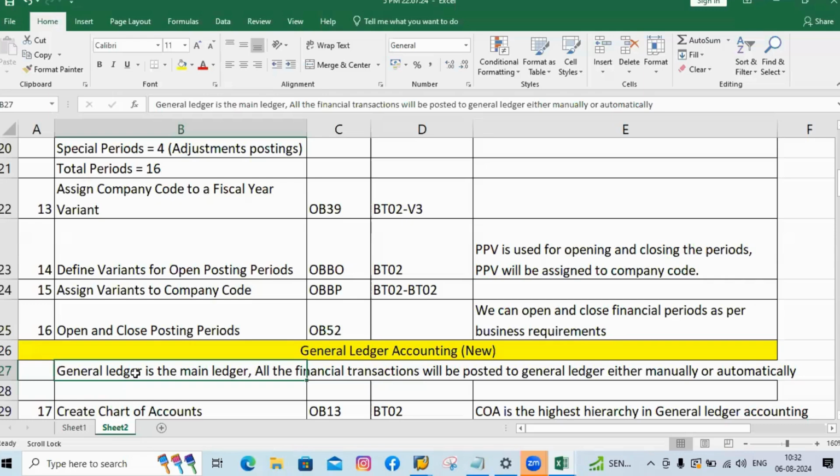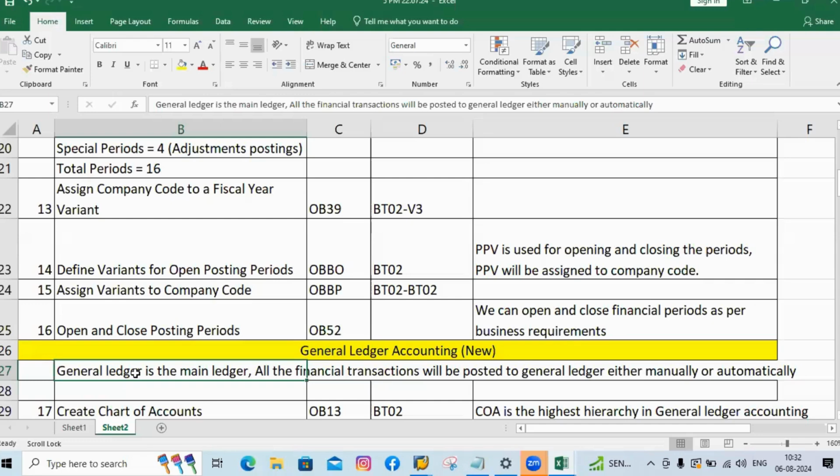What is the highest hierarchy in this? Hierarchy means level. What is the highest level between chart of accounts and company code? And I need an explanation also. Why?